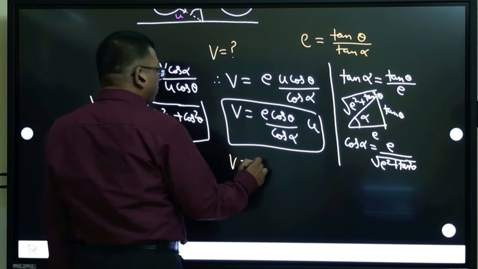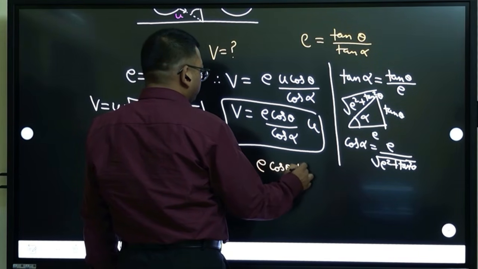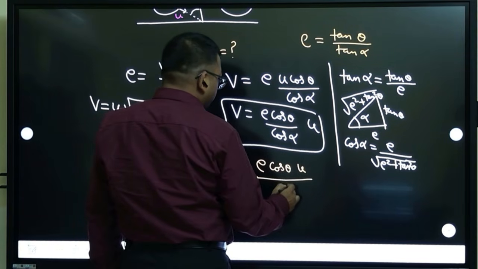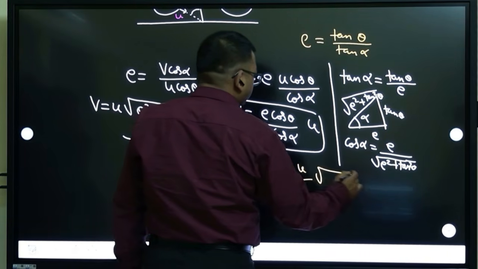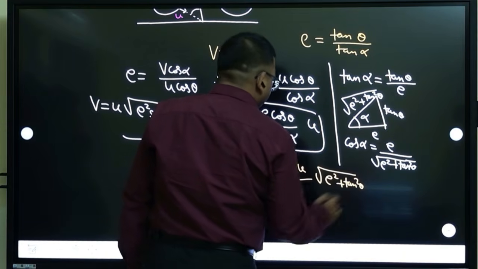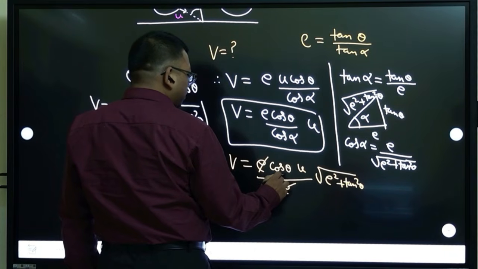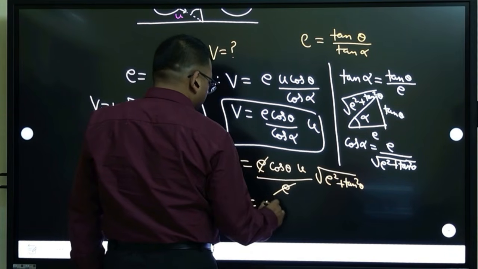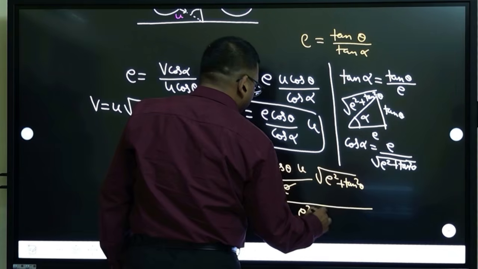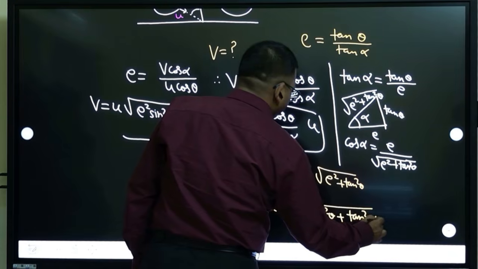Now let me substitute here and check whether this answer is coming or not. So V is equal to E cos theta U by cos alpha. Cos alpha is E under root E square plus tan square theta. So E got cancelled, and this cos theta which is there I will take inside that. That means cos square theta I will multiply. So E square cos square theta plus tan square theta into cos square theta.